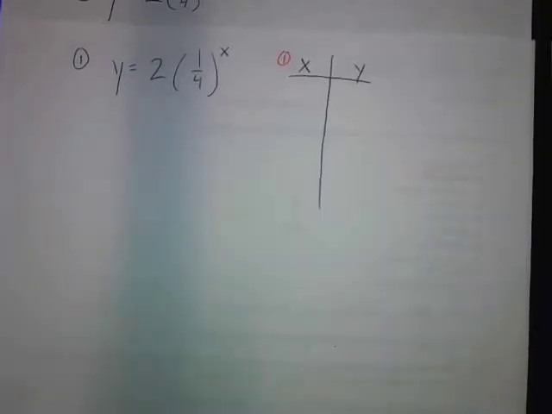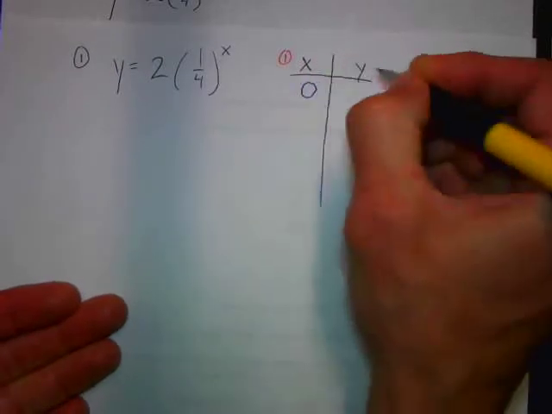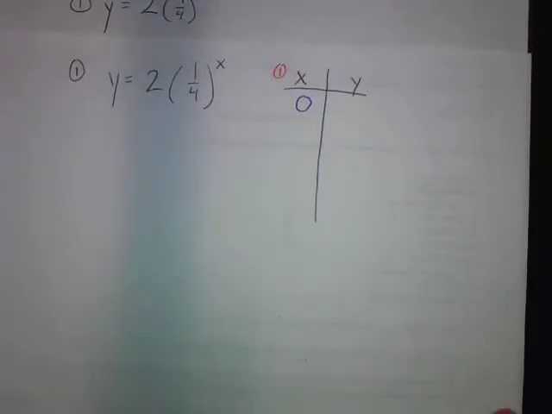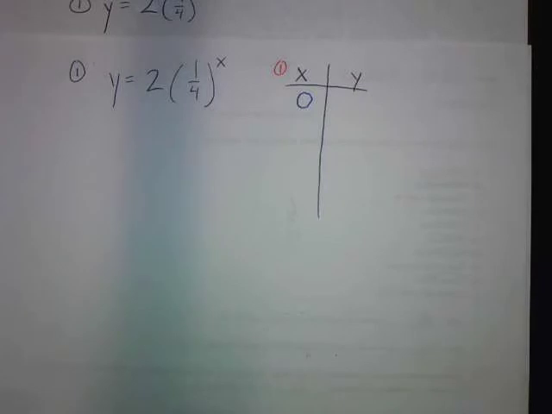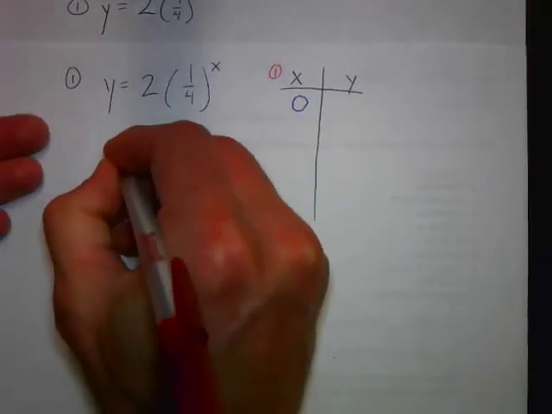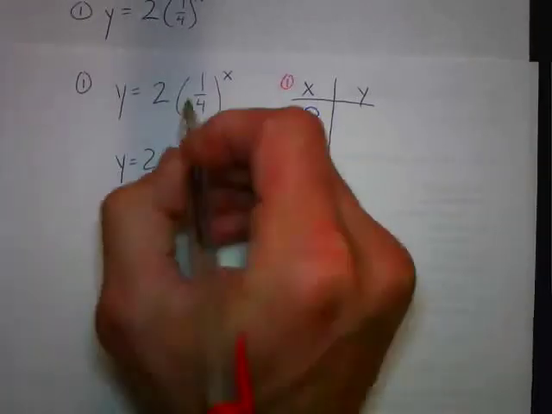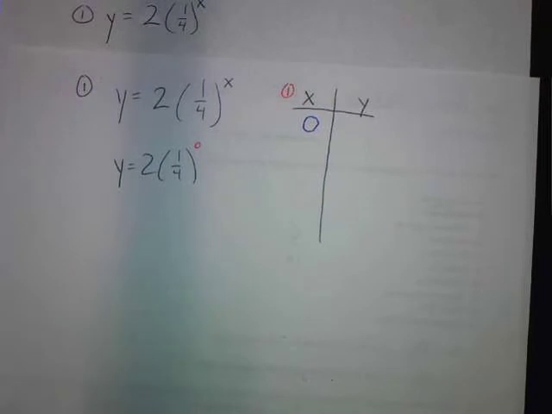The second key to success is, if we're going to make an xy table, what if x was 0? So we're going to play around with, what if x was 0, and see what we get for y. So let's start with that and plug some stuff in. So we have y equals 2 times 1/4 to the 0 power. And now we have to remember some laws of exponents from the last unit.